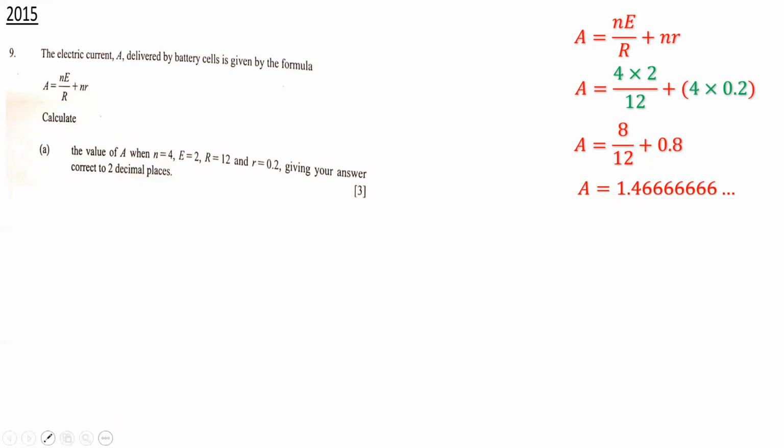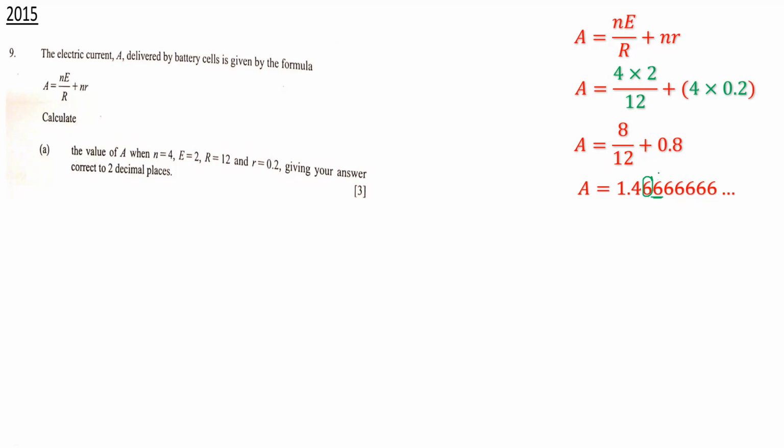So that means we have to circle this 6, because the first number after the decimal point is 4, and then the second number after the decimal point is 6. So let's circle that. We circled 6, and then we underline this next 6. Now this 6 that I underlined, is that greater than 5?